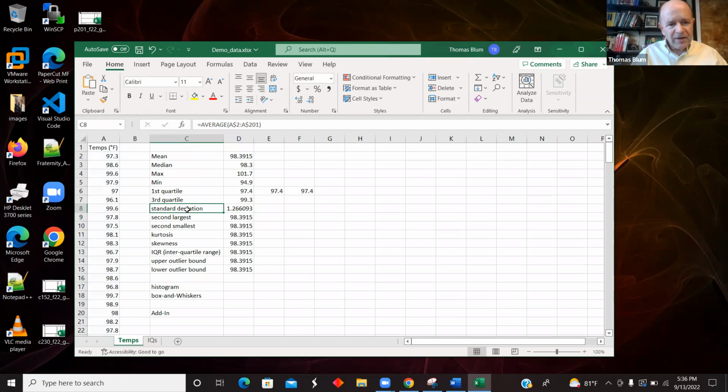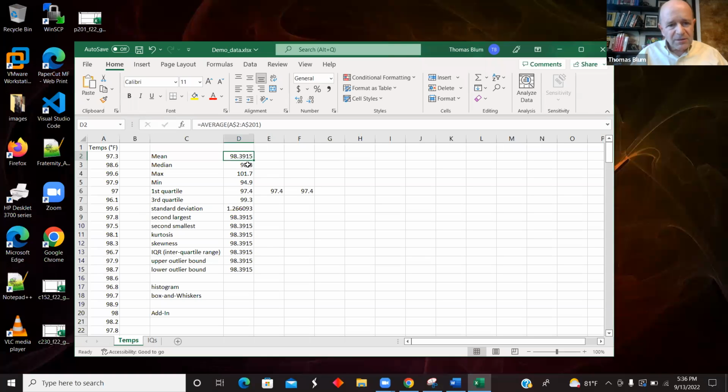And that's a measure of how spread out the data is. So these temperatures are not that spread out, only a few degrees. So this is a measure of spread. The mean and the median, those were measures of centrality, the sort of middle, and they're close.